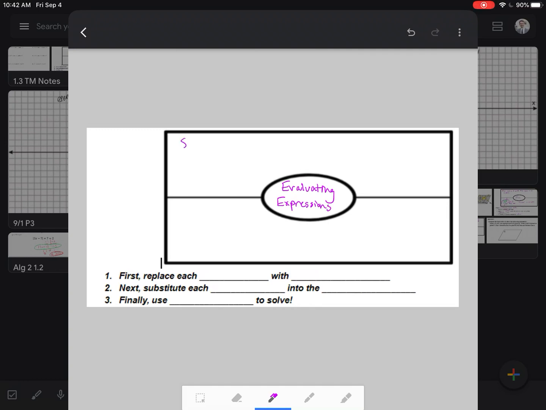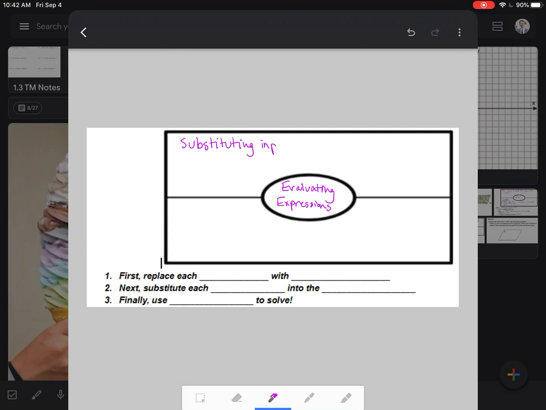So what we're going to say, this is substituting inputs into expressions to calculate output values.